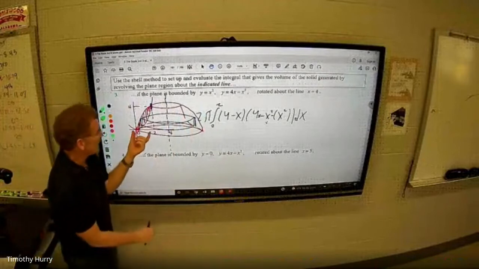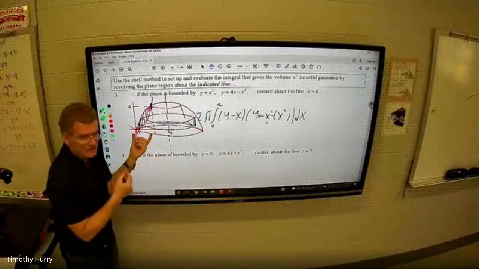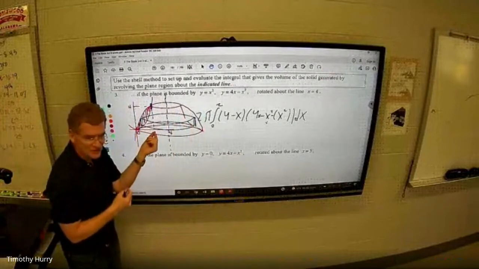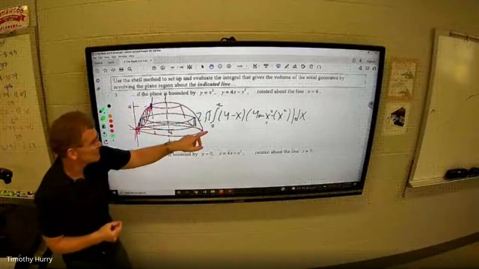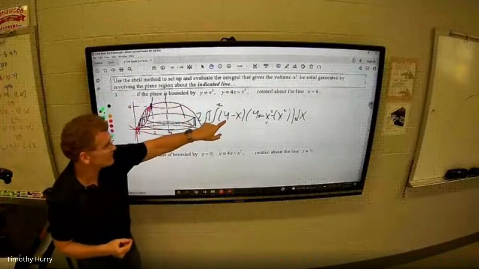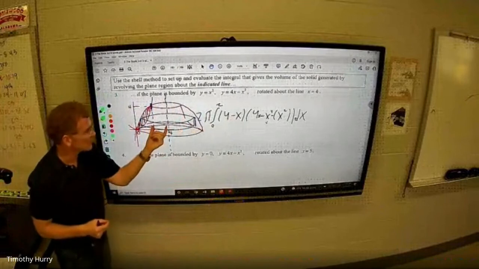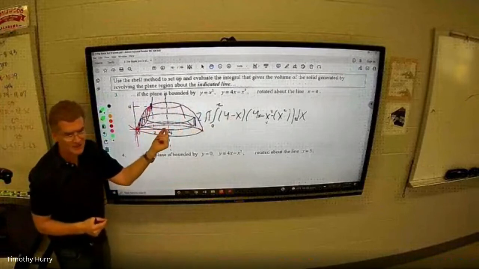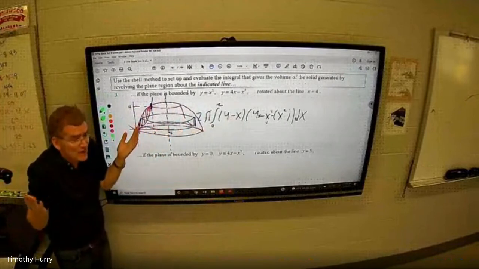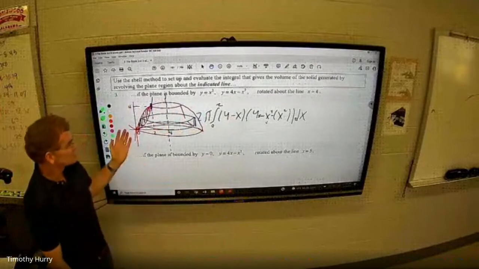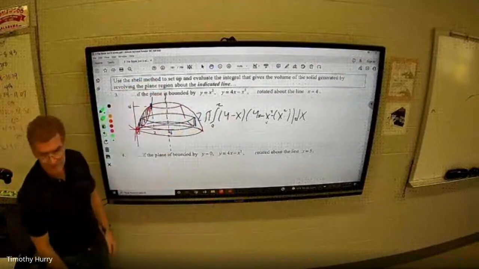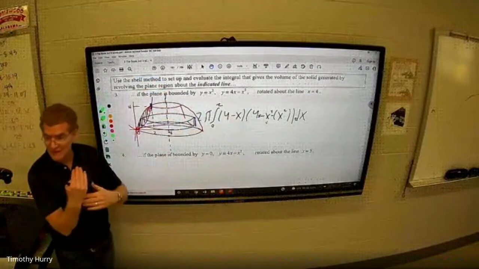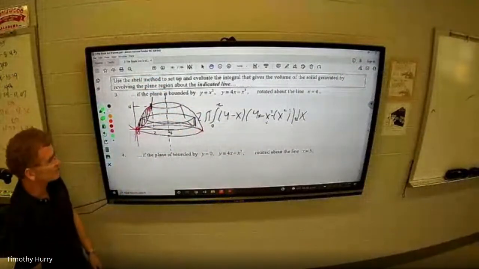But here, I quit pulling off rolls the second x hits 2. That's a radius of 2. There are no more shells that have a radius of 2 or less. I don't need to pull those off, because it makes no sense, there's nothing in the middle. And I'm not overdoing it and then subtracting what was overdone.